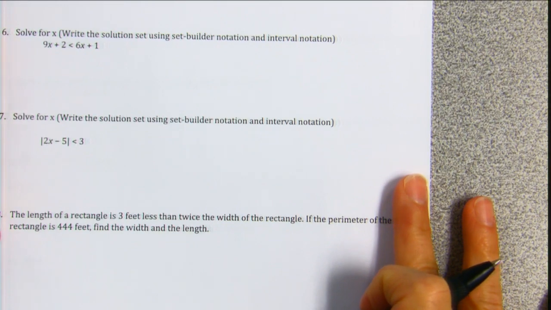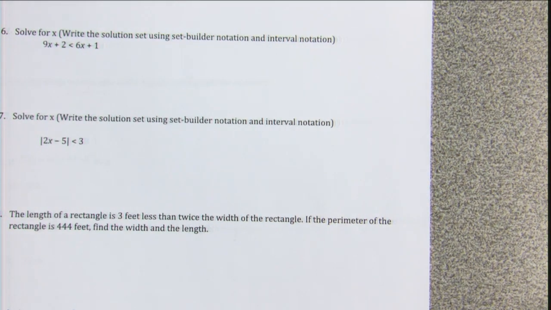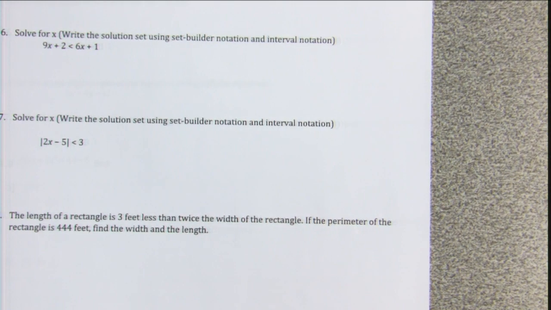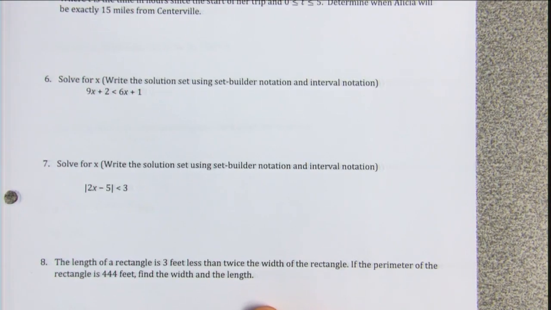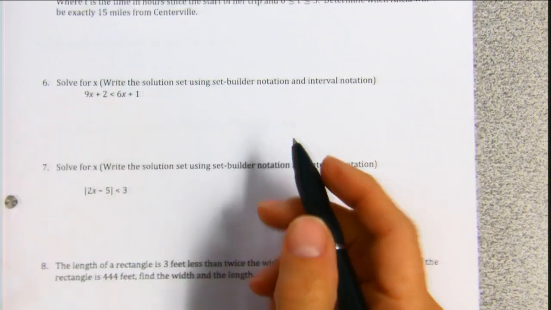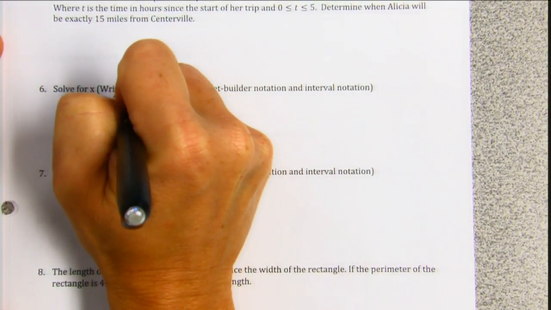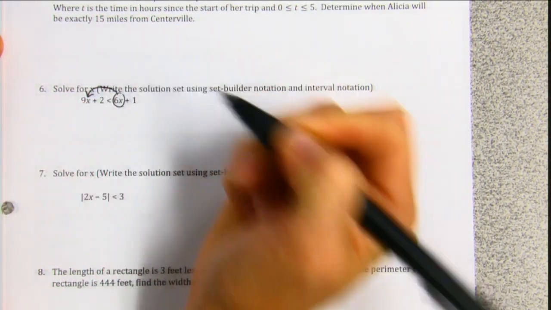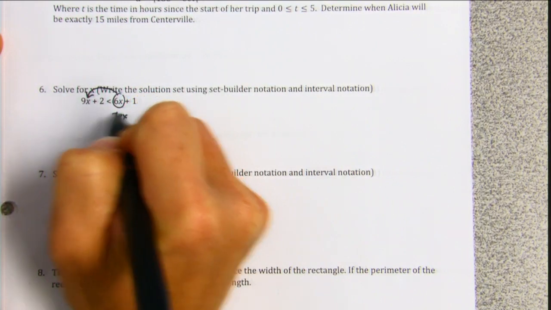We do have some inequalities on the test. Remember, this is one single inequality. It's just that you need to get x by itself. So don't get that confused with compound inequalities. This one isn't one. There's only one less than symbol. So that means I want to get all my variables on the left. So let's subtract 6x.